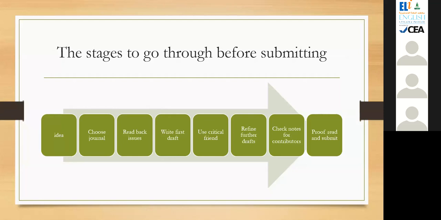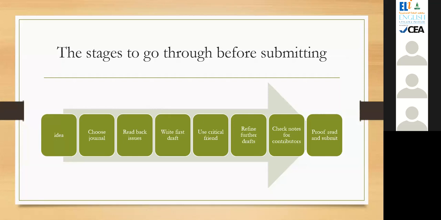By read back issues, I mean, I will explain that thoroughly. When you choose a journal, you have to think about that particular journal: what the scope and aim of the journal are, what the template of the journal is.